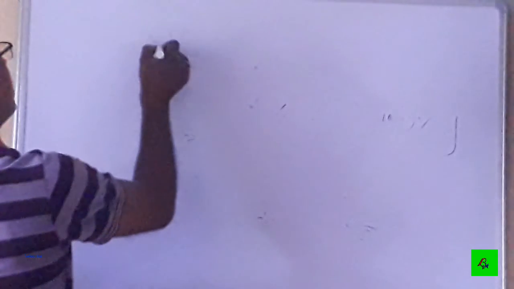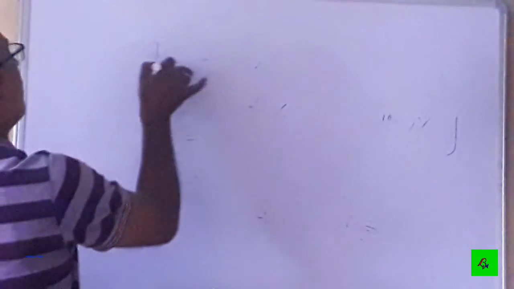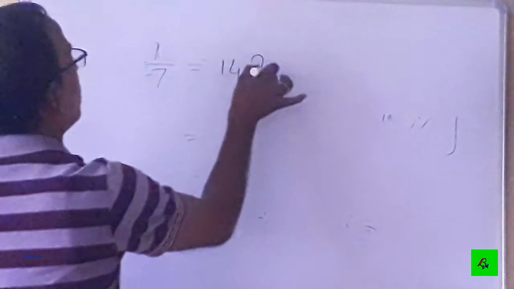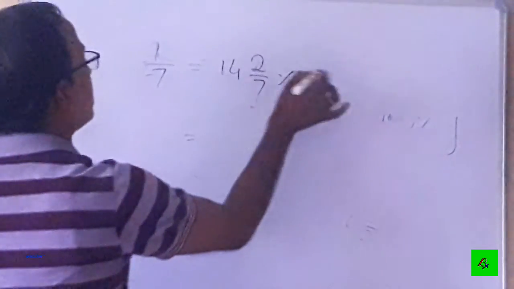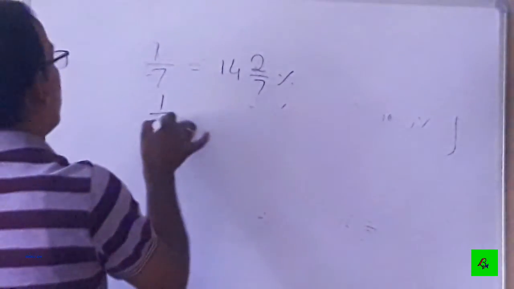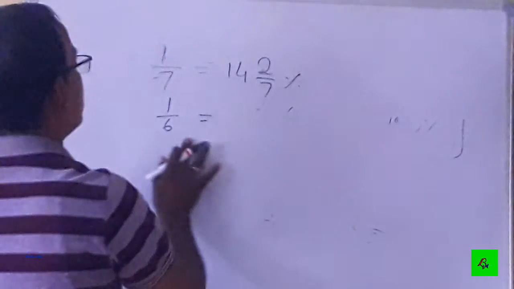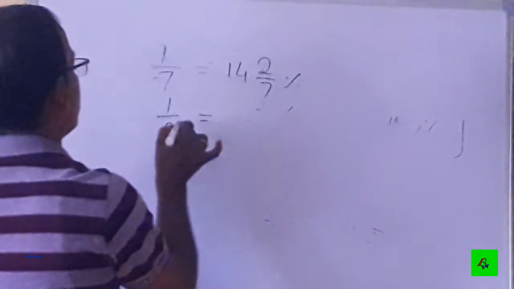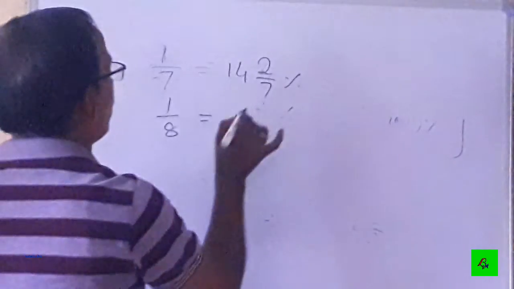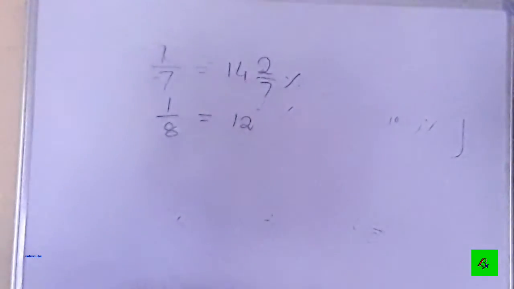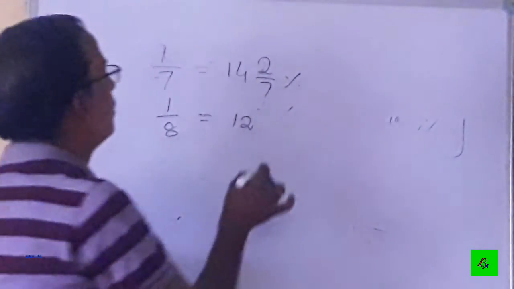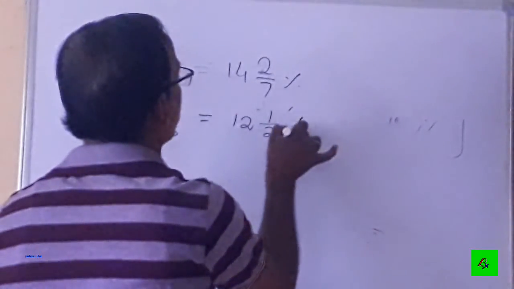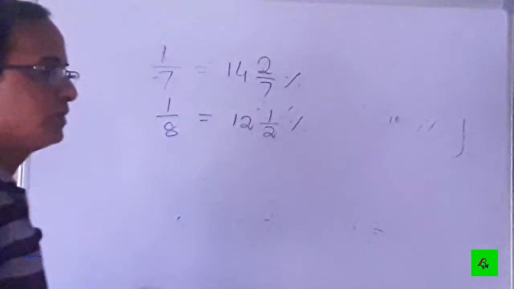Similarly, 1 by 7 equals 14 whole 2 by 7 percentage. Applying the same procedure, 1 by 8 equals 12 whole 4 by 8, that's equal to 12 whole 1 by 2 percentage.